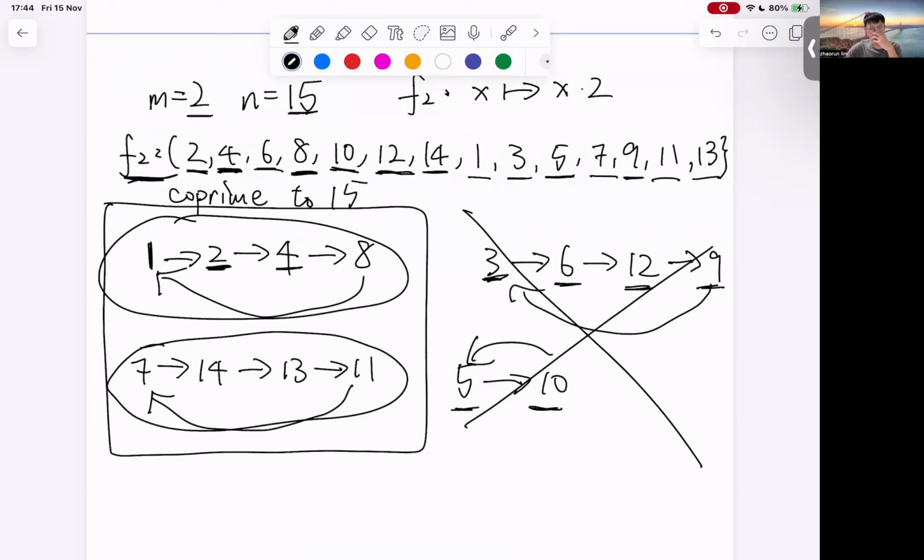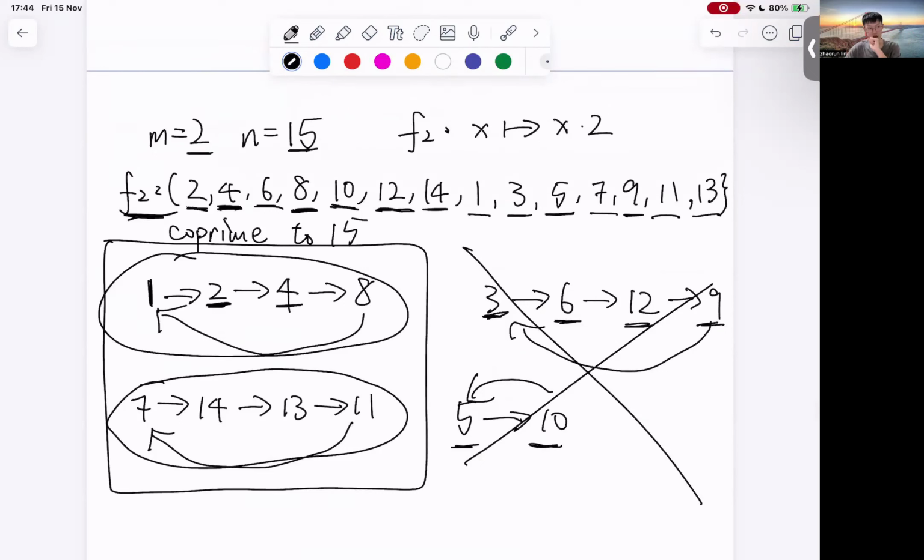And as in the proof of Fermat's little theorem in the lectures, if a and p are coprime, then after this mapping, our permutation graph would have distinct cycles with the same length. So this is exactly the case.